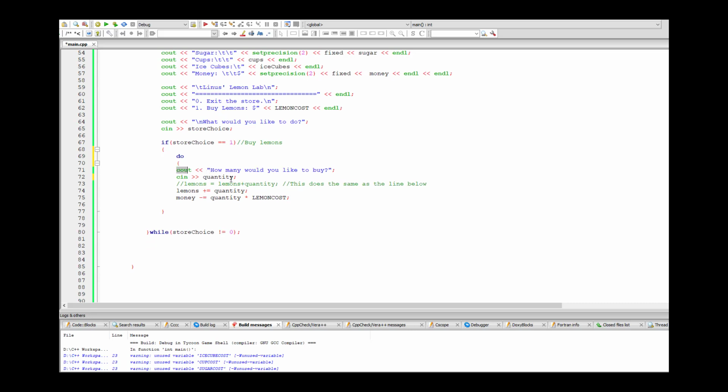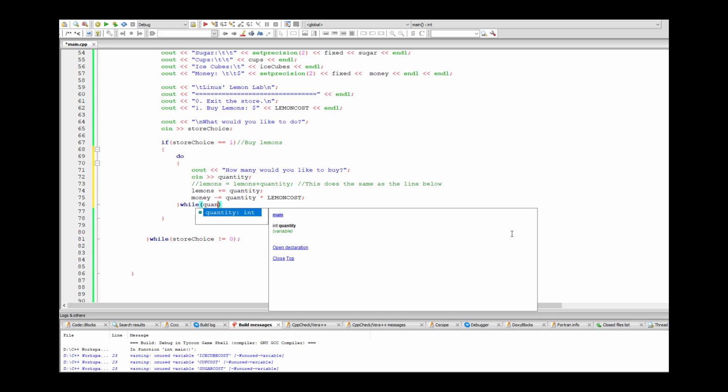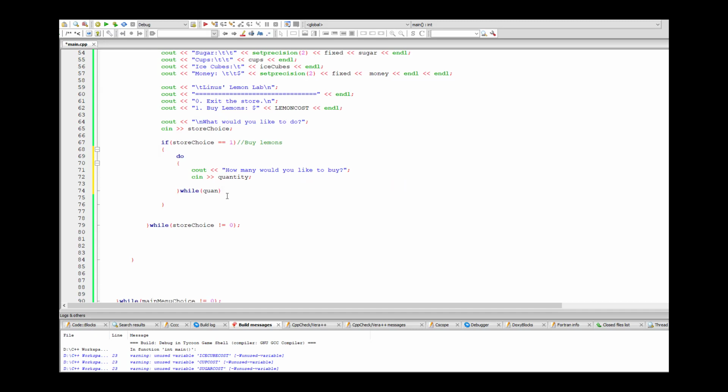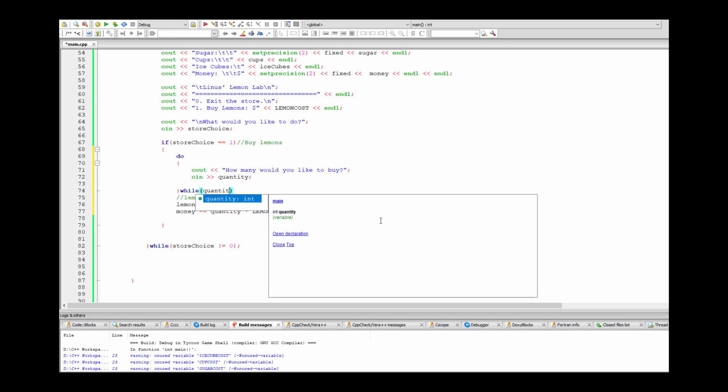We're going to put this command into a do while. Oops, this does not go in here, because we don't want to take away or add lemons or take away money until we have determined that the quantity is correct.